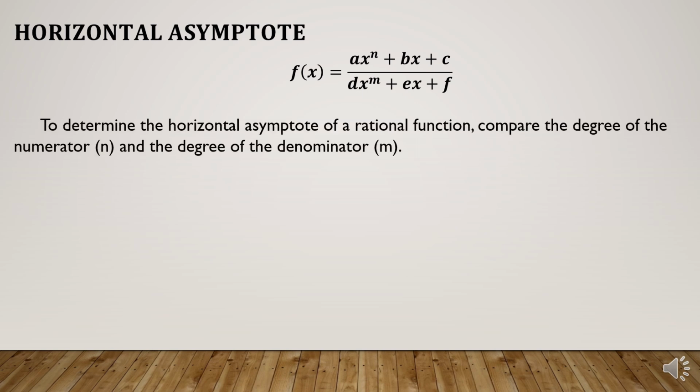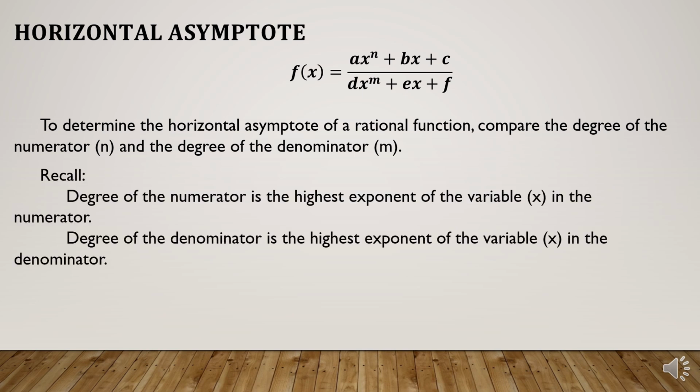To determine the horizontal asymptote of a rational function, compare the degree of the numerator n and the degree of the denominator m. Let us recall, the degree of the numerator is the highest exponent of the variable x in the numerator, and the degree of the denominator is the highest exponent of the variable x in the denominator.